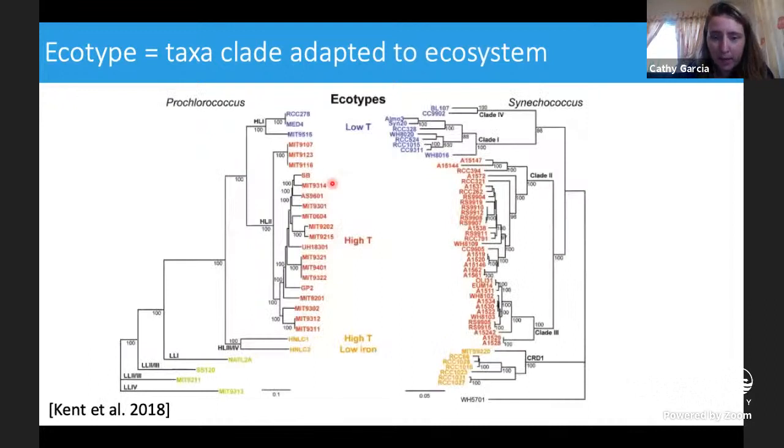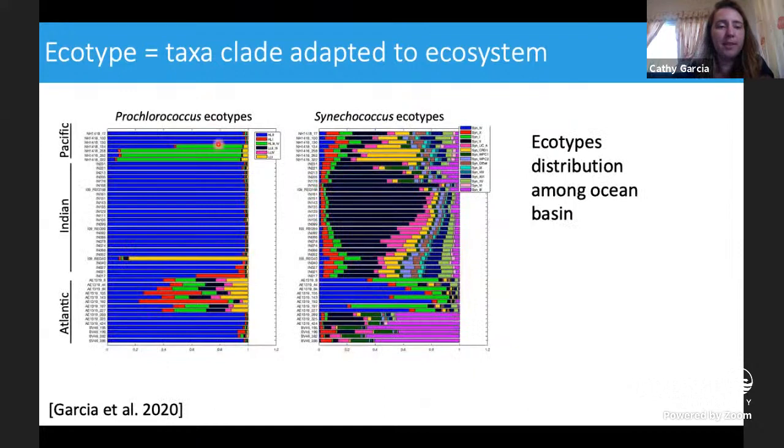If you go back, this high light 3-4 is this high temperature, low iron clade. So the presence of that high temperature, low iron clade in green in the Pacific Ocean is indicating an ecotype of Prochlorococcus that is adapted to high temperature and low iron.